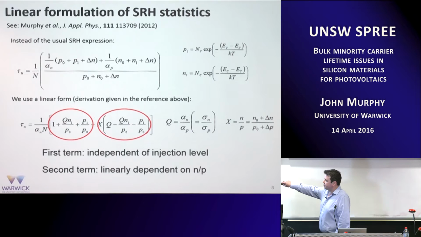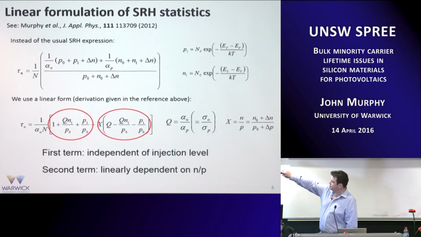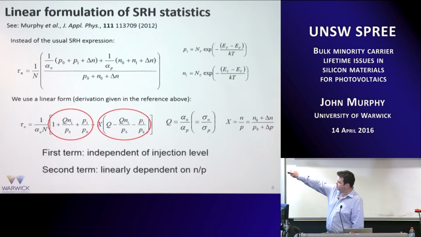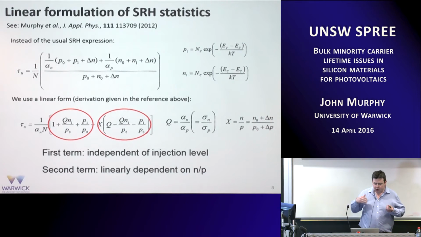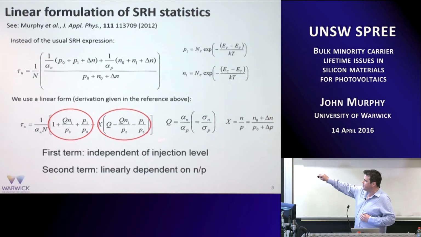So we have the lifetime expression here as a linear function of x. You've got a set of variables here which are essentially a constant, independent of injection level, and the second term here has all the injection information in it. So you have all the delta n bits in the second bit of the lifetime expression.